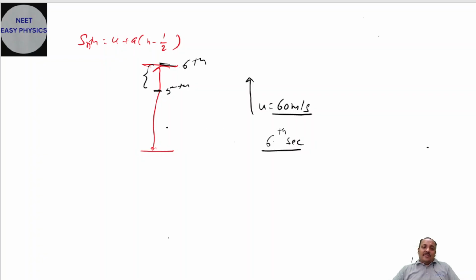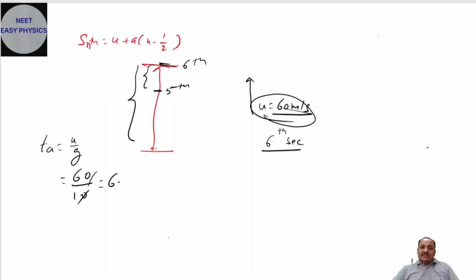At that time, first you have to calculate, if you project with 60 meter per second, how much time it is taking to reach maximum height. Time of ascent formula, u by g. So 60 by 10, that is going to be 6 seconds.